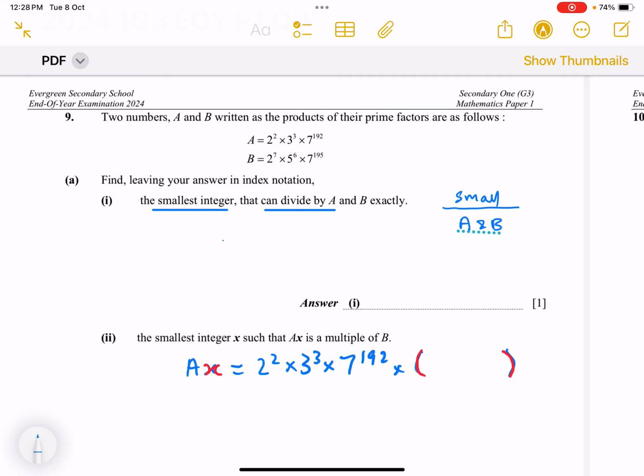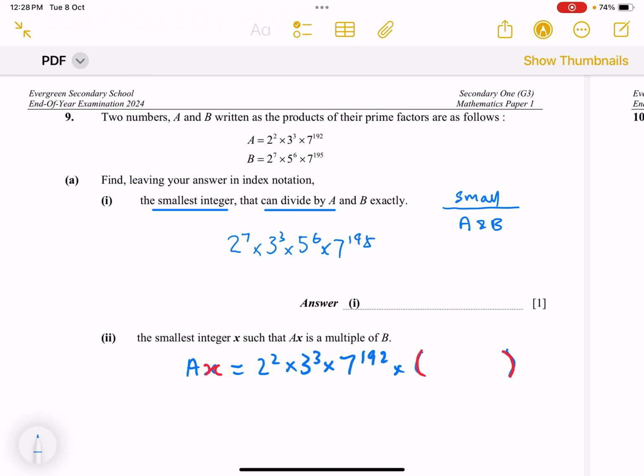Therefore, what we need to do is pick the bigger power, because the bigger number will contain the smaller number. So the bigger power is 2 to the power 7, followed by 5 to the power 6 and 7 to the power 195, which is the LCM.